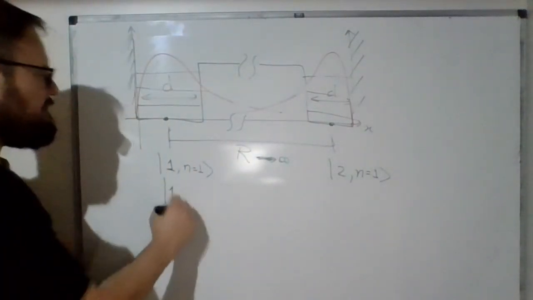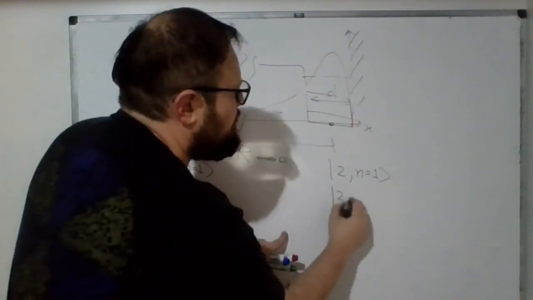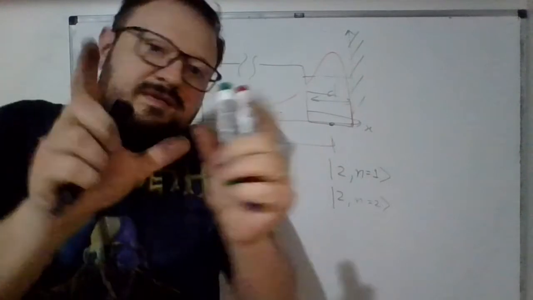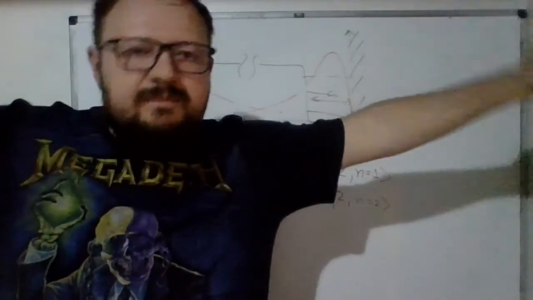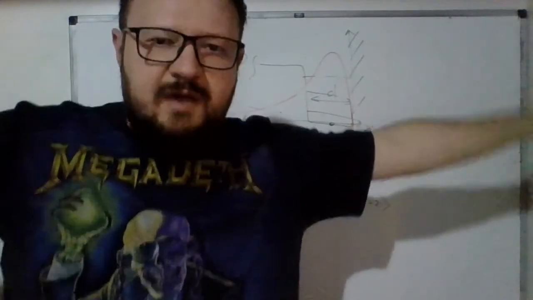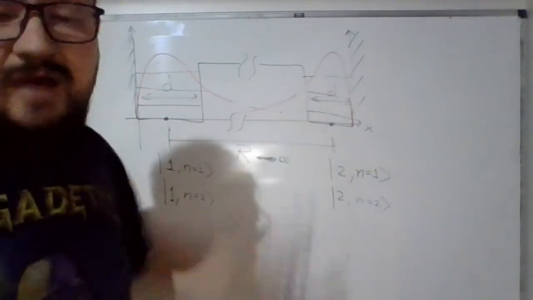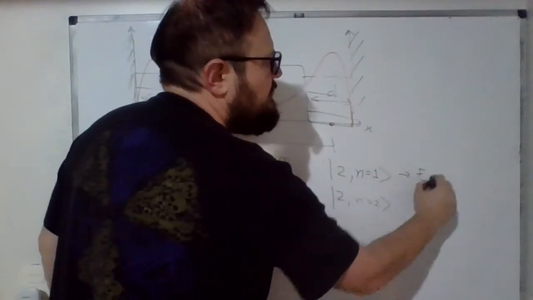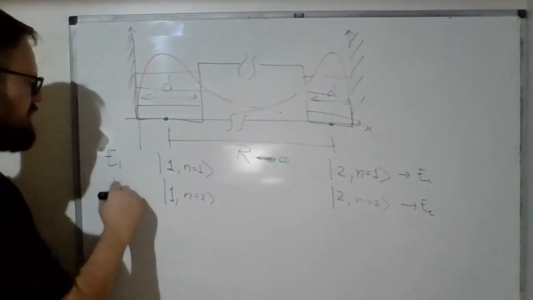Here you have for box number 1 a second energy level. For box number 2 you have a second energy level, and they are exactly the same because they are very far apart from each other, and the energy levels are exactly the same. So you have corresponding to this some energy E1, energy E2, energy E1, energy E2.